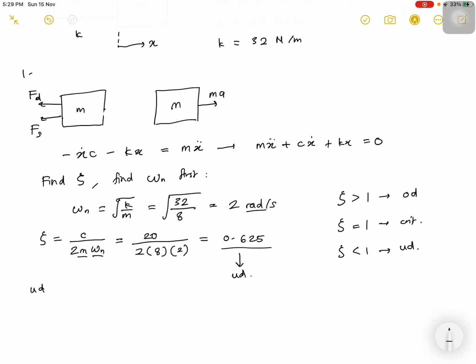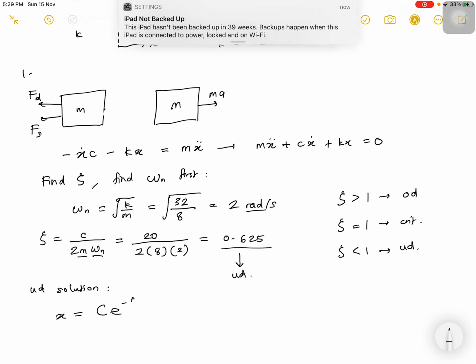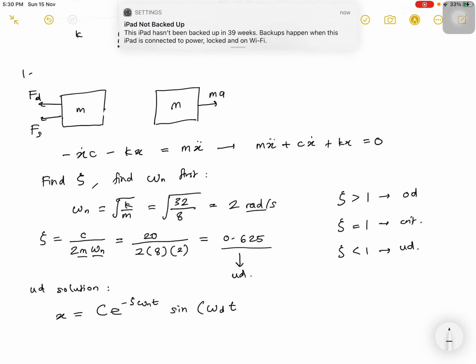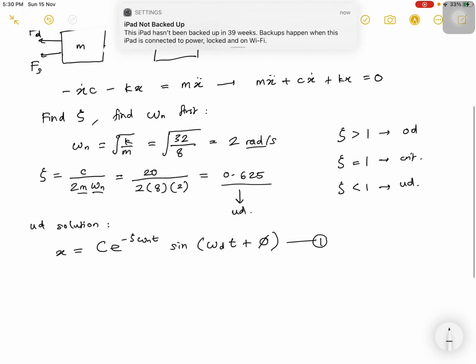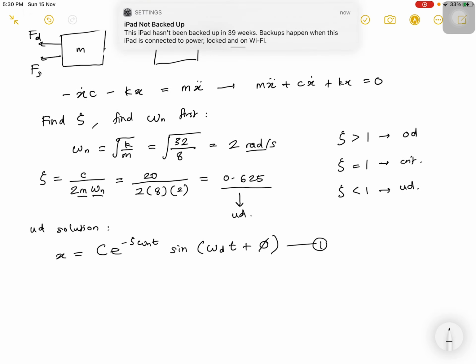So the under damped solution: x, where x is the displacement, equals c, the constant, times exponential of negative zeta omega n t, times sine of omega d t plus psi. So we can denote this as 1.